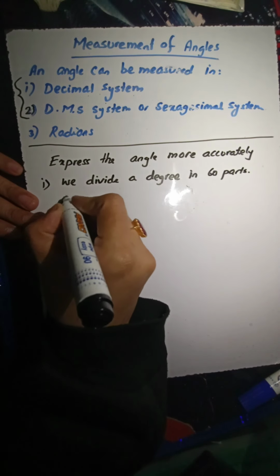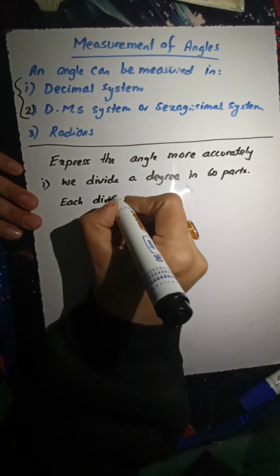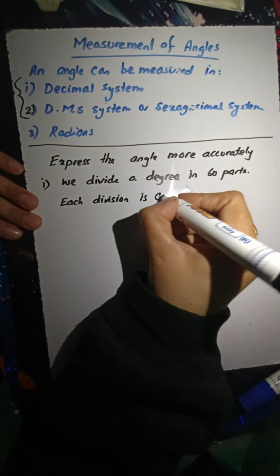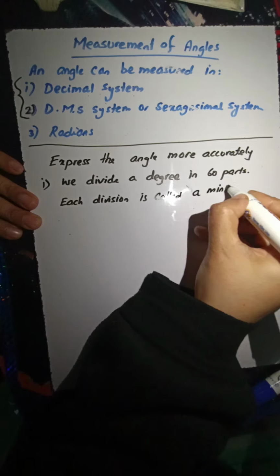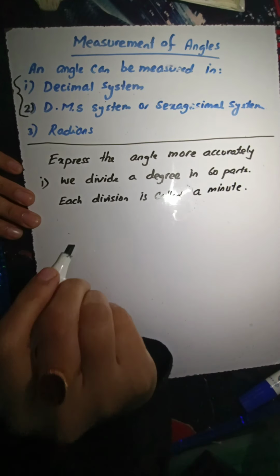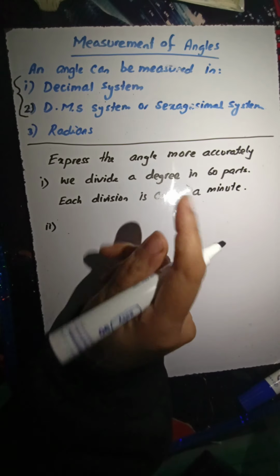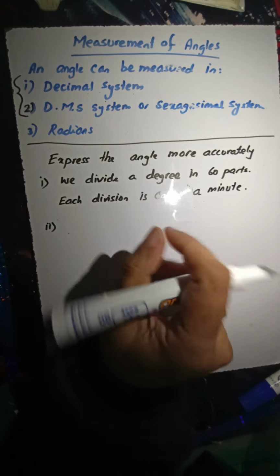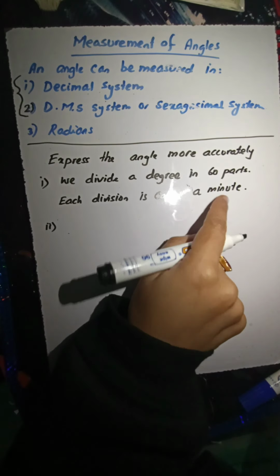Each of these 60 divisions is called a minute. After dividing a degree into 60 equal divisions, we have named a single division out of these 60 a minute.